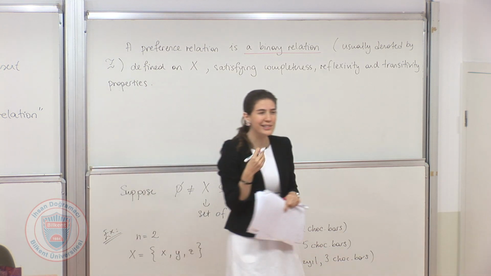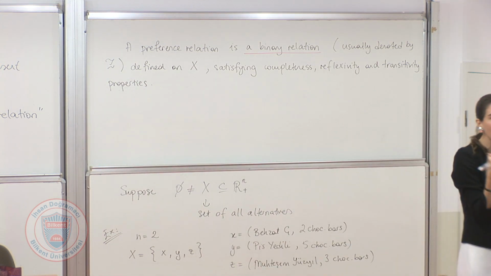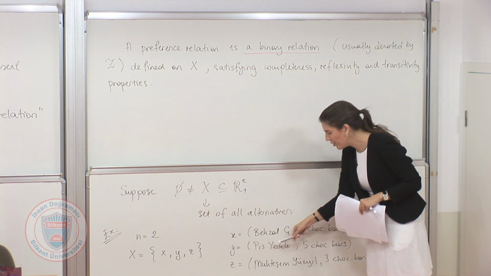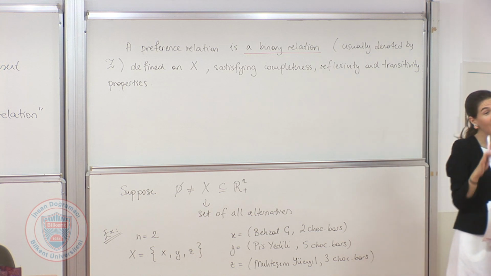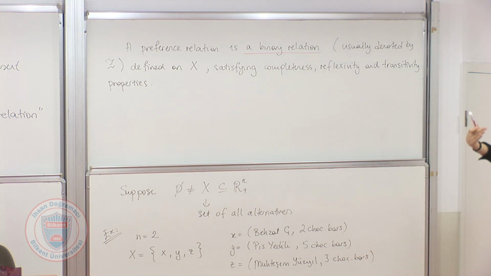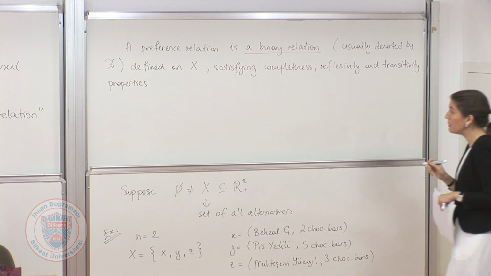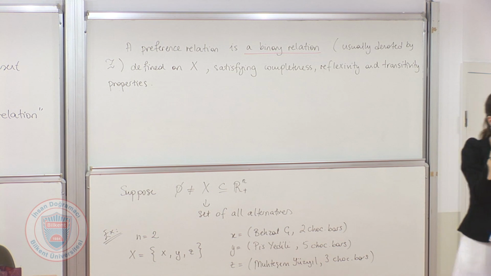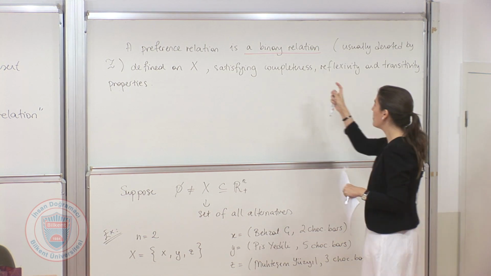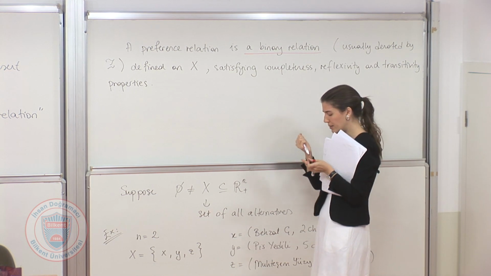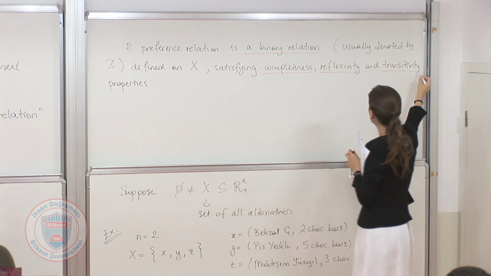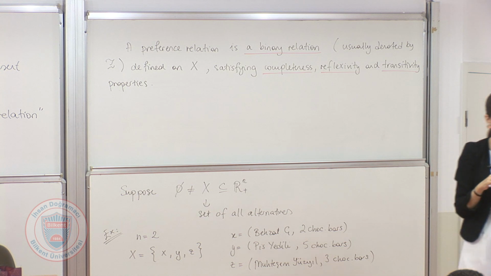So you'll see that it's a formal way of saying I like this more than this, or you're going to see that I like this at least as good as the other guy, okay? But apparently this sort of relation that we define should satisfy some properties, which are completeness, reflexivity, and transitivity. So we'll see what they are, okay?